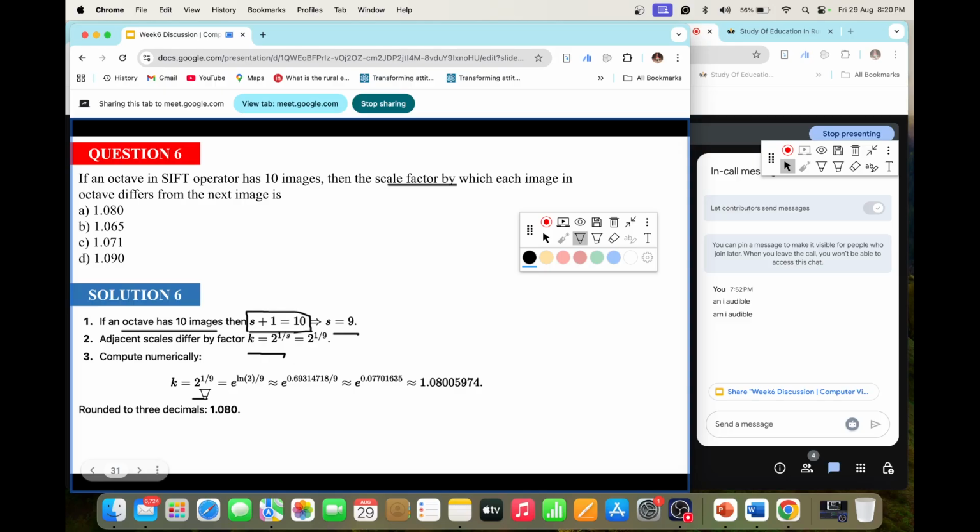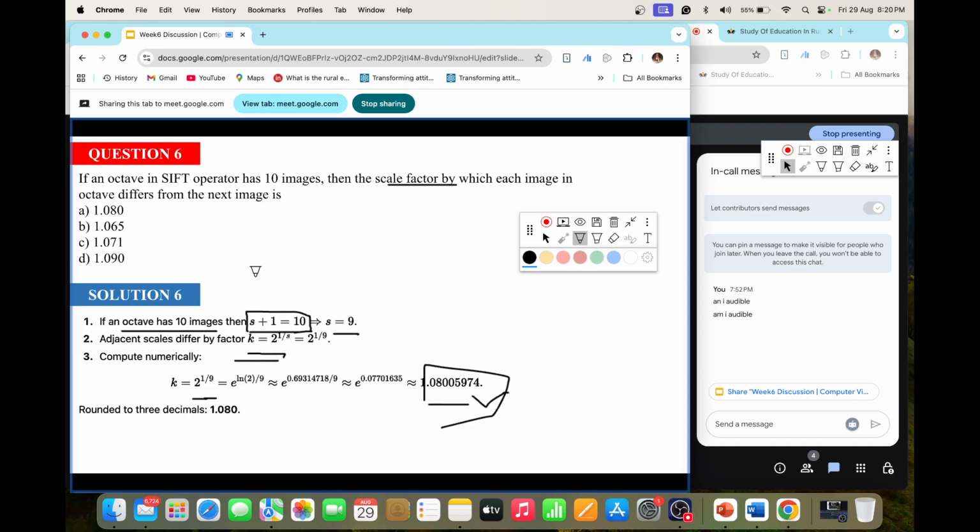2 to the power 1 by 9 is coming actually 1.080. So this is how you can calculate it.